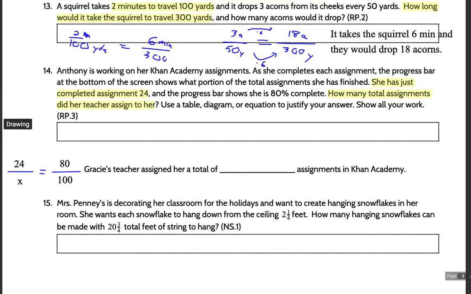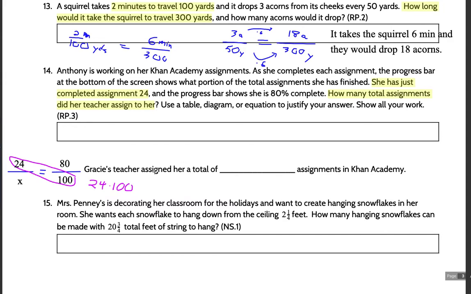test. And another way you can think about this is, right, 24 problems was 80% of the test. So something is 100% of the test, but we don't know what that is yet. So we're solving for that. The easiest way to solve this without finding patterns, and this is kind of what a lot of us ended up doing by the end, is you would take the two that you have diagonally across from one another, right? 24, and you would do 24 times 100.